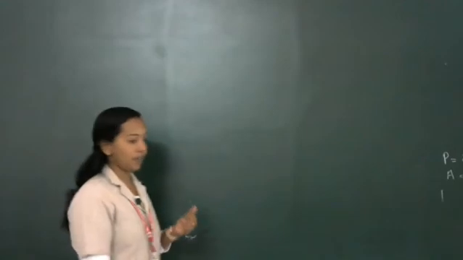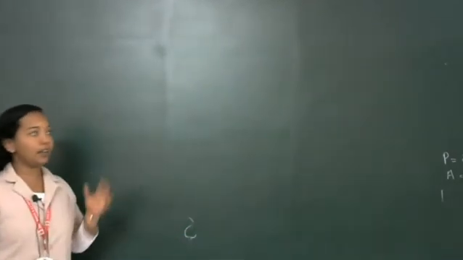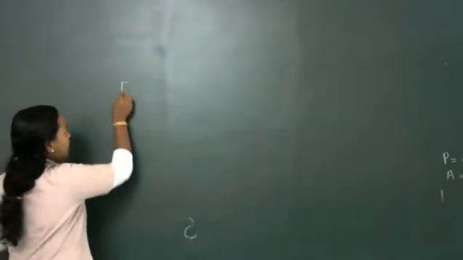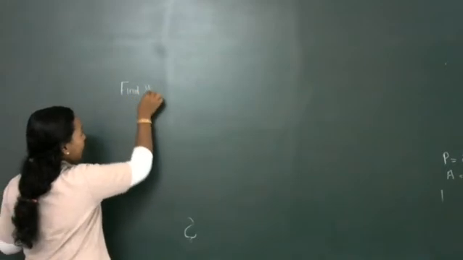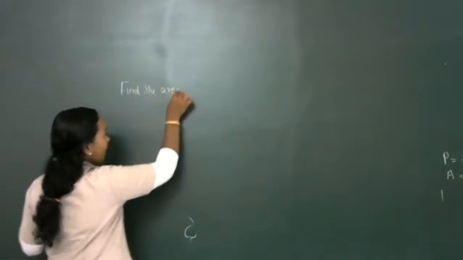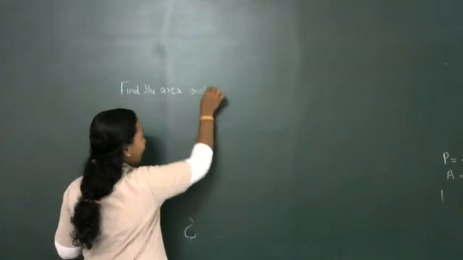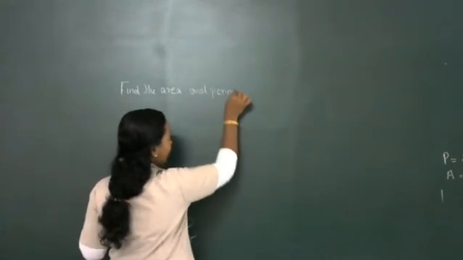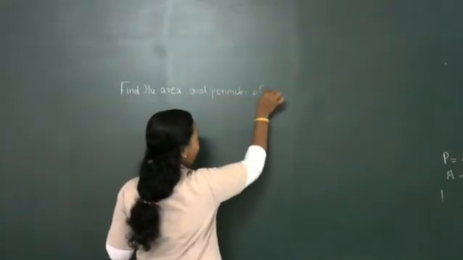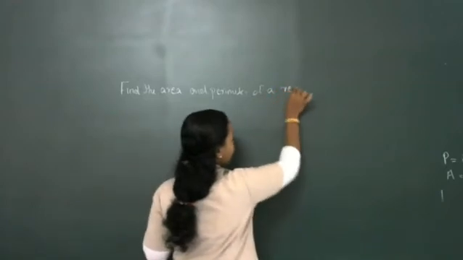So the first question: find the area and perimeter of a rectangle.